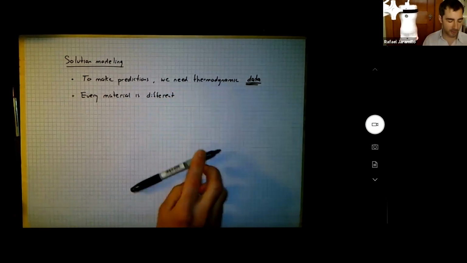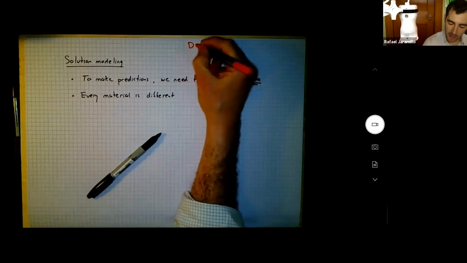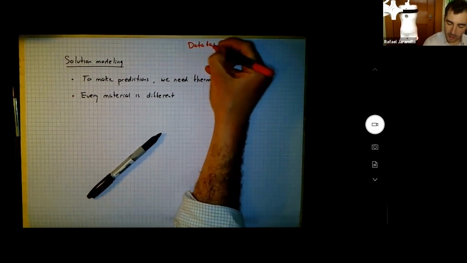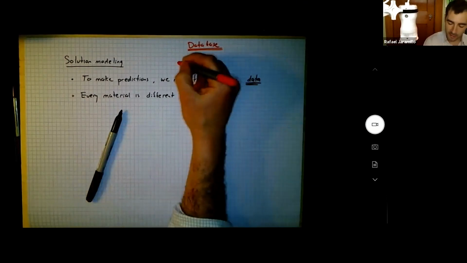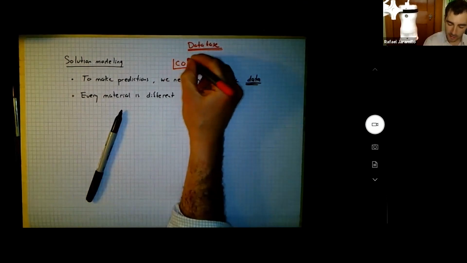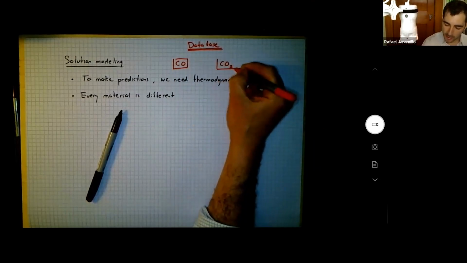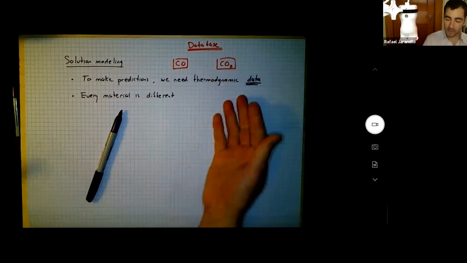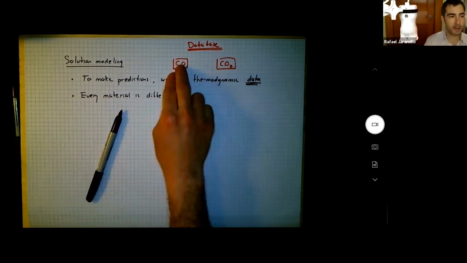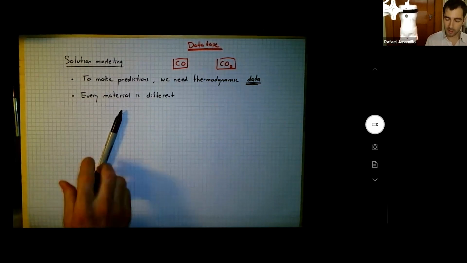Every material is different. So for example, here's my database, right? Imagine a big cloud database. And here's the entry for carbon monoxide. And here's the entry for carbon dioxide, right? And they each have their own properties, right? You wouldn't assume that you can use something for CO2 and apply it to CO. It's a different substance. All right, every material is different.